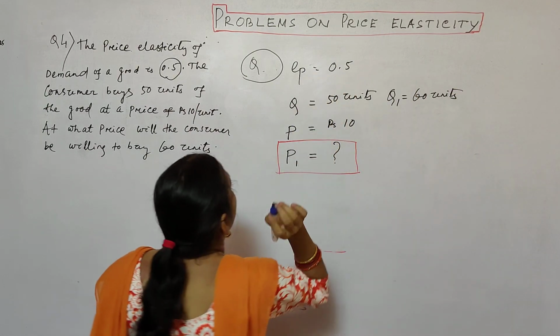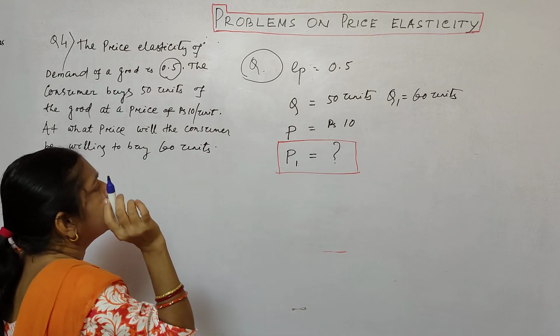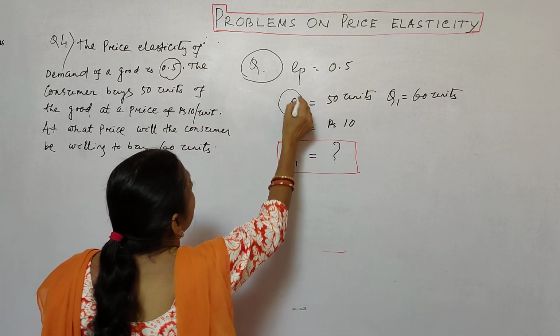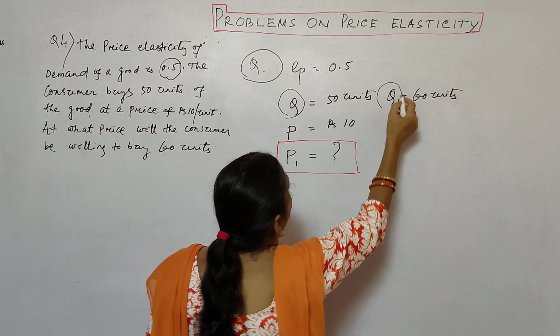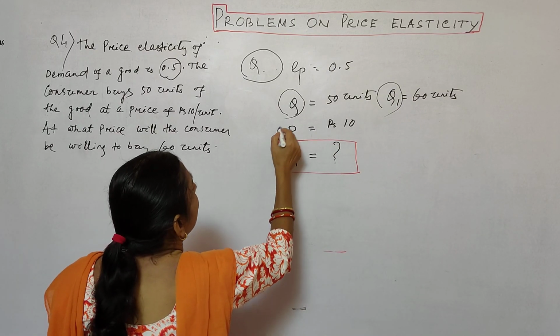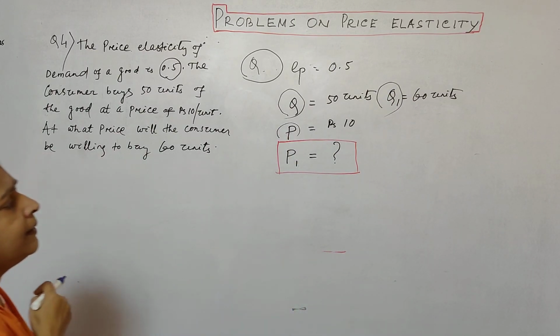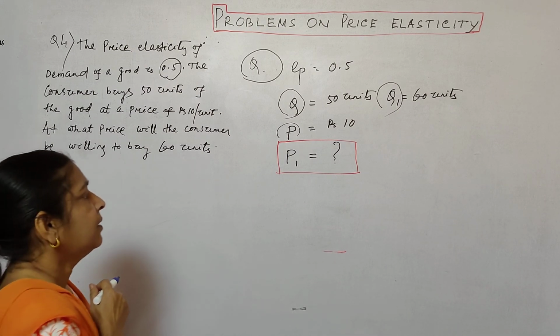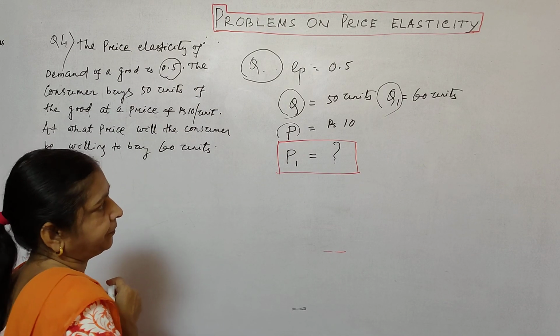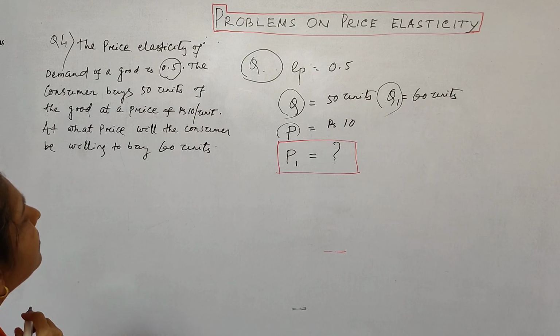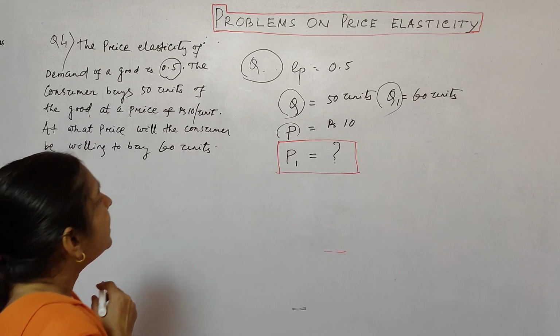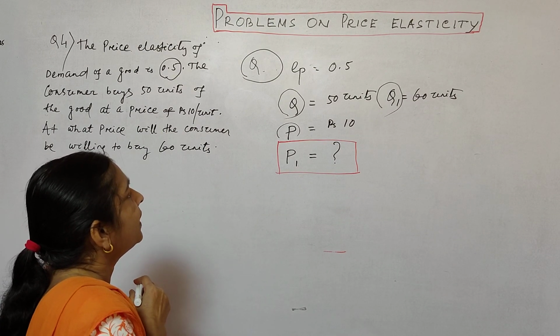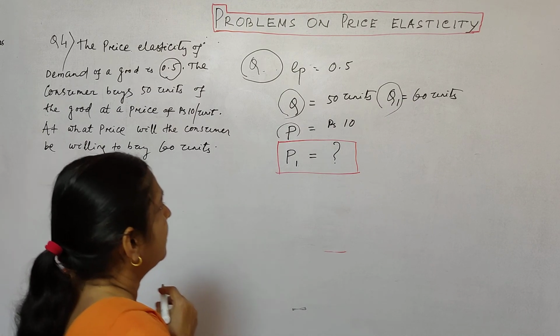They have given EP, elasticity of demand, initial quantity, final quantity, and initial price, and they have asked us to find out the final price. Now friends, with this information we will calculate P1.